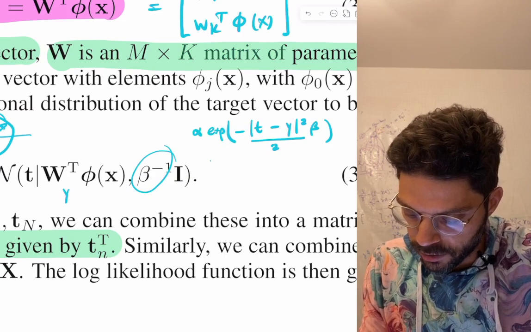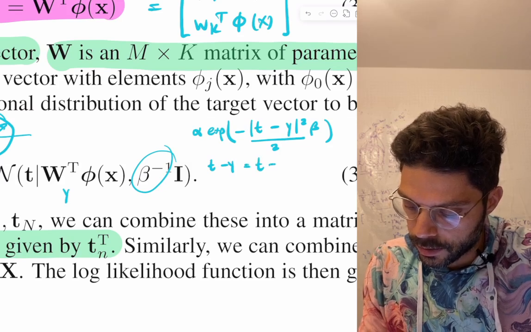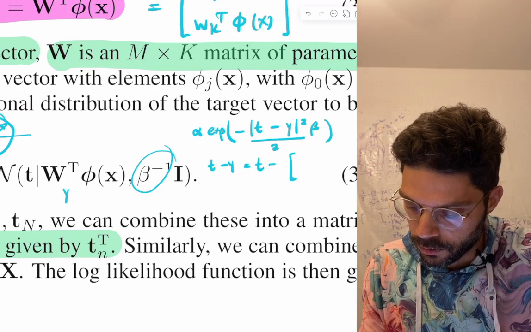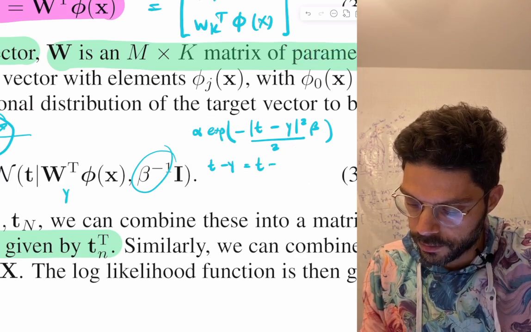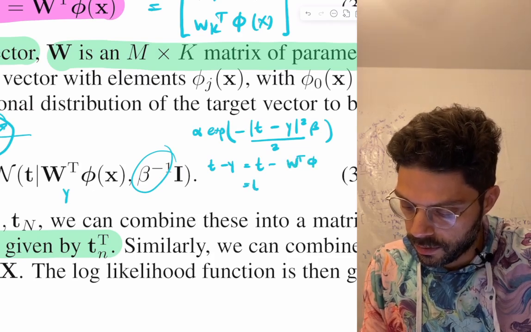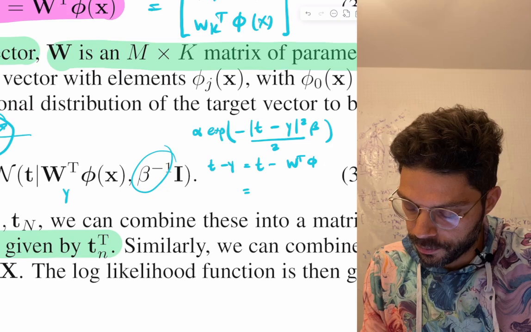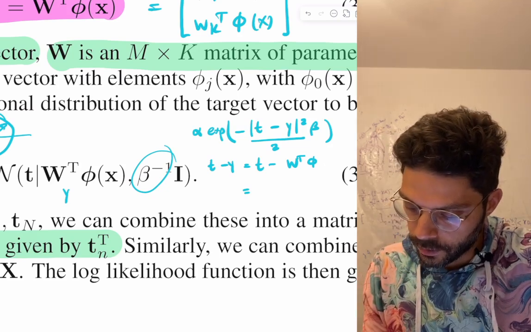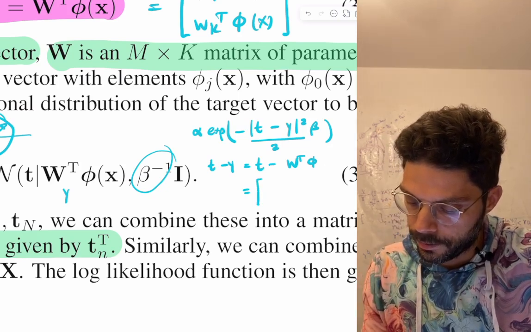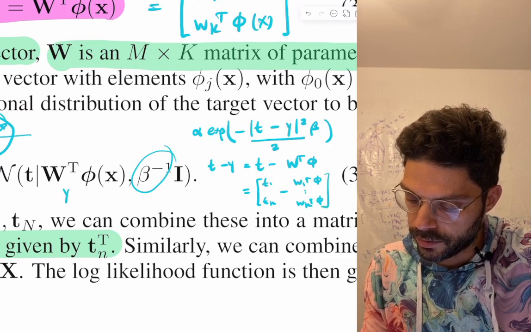These are all vectors. So t minus y is going to equal t minus W transpose phi. Let's just do it in two steps, and actually expand this out too. So it's going to be t1 to tk minus W1 transpose phi all the way to Wk transpose phi.